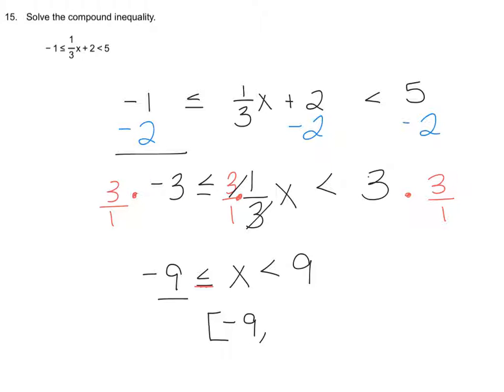Next, I'll write my highest value in my interval, which is the number that appears on the right, and that is a +9. And I'm going to put a parenthesis next to the +9 because there is no line underneath that inequality sign. My answer is -9 to 9.